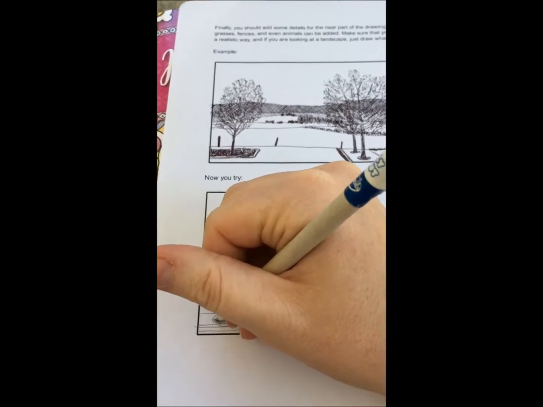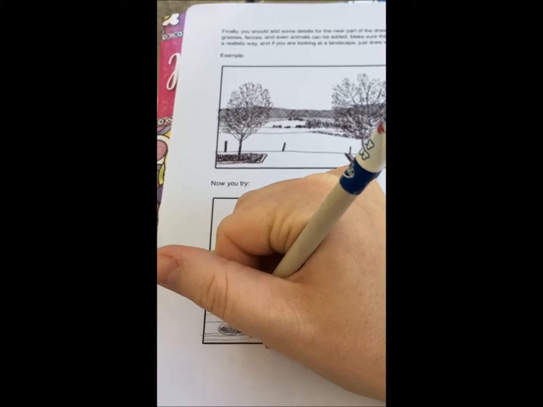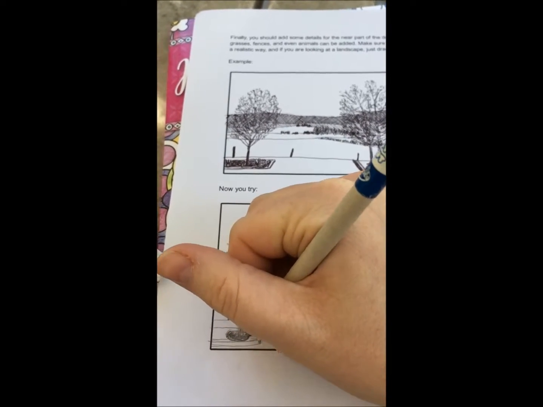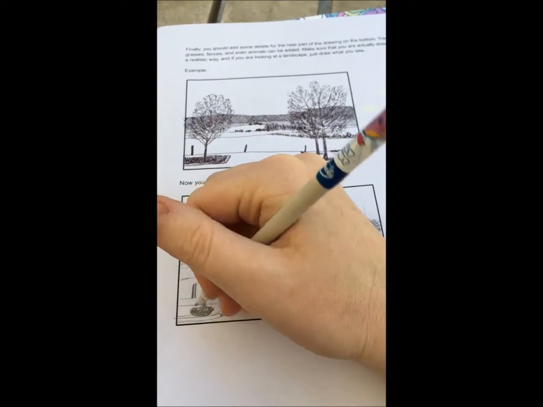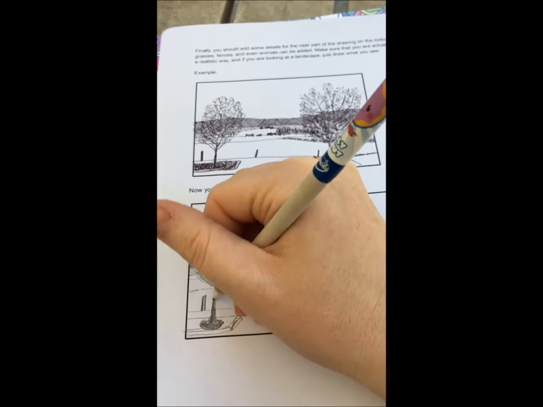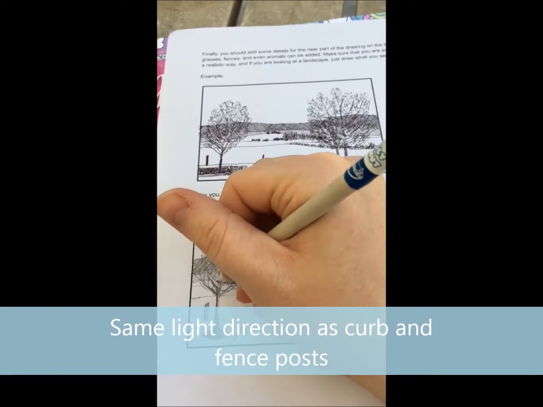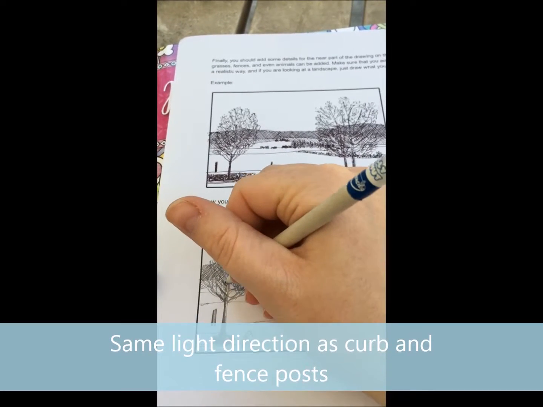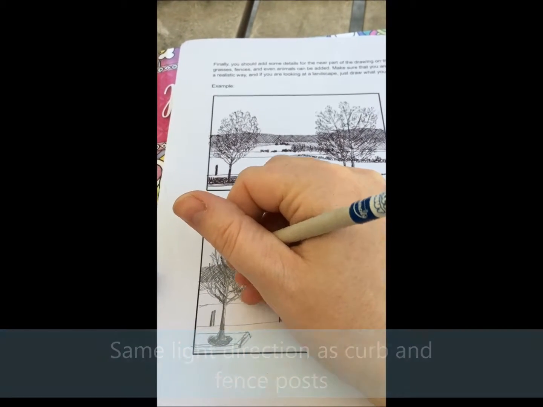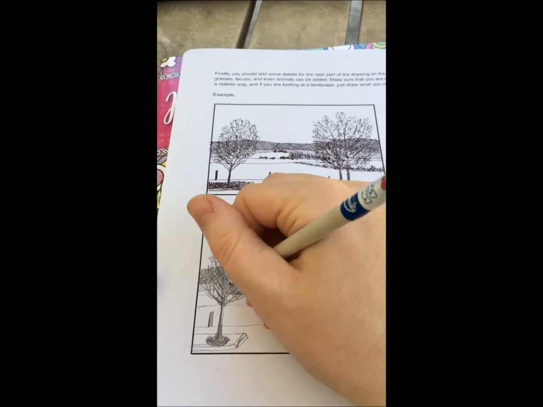So instead, I'm just going to make a darker circular piece, as if there is some kind of cement out here. And then I am going to darken my tree trunk even further, and I'm going to sort of make the impression of the shadow, so that it's got its three-dimensionality going.